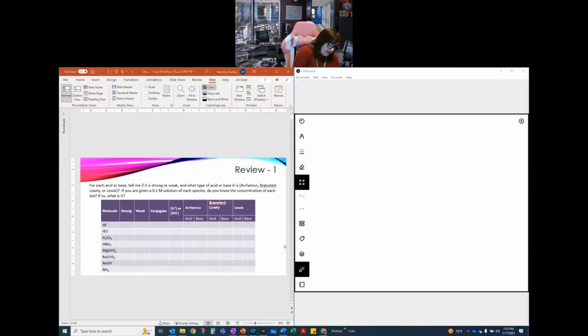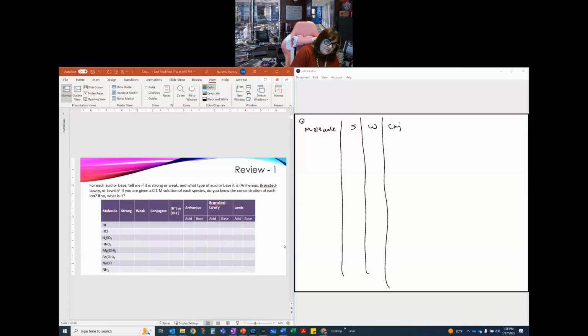Okay, so I've got myself a table. I've got a molecule, strong, weak. I know what the conjugate is. I don't know if it's an H plus or OH minus donor.